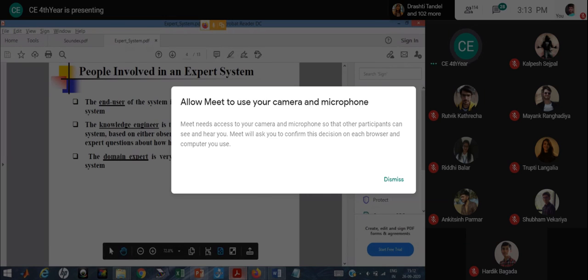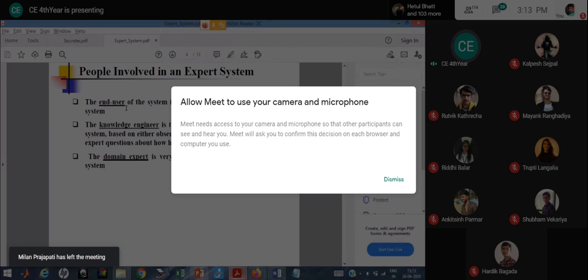Now the topic is people involved in an expert system. The design, development and use of an expert system involves a number of people. The first one is the end user. All of you know the end user of the system is the person who has the need for the system.